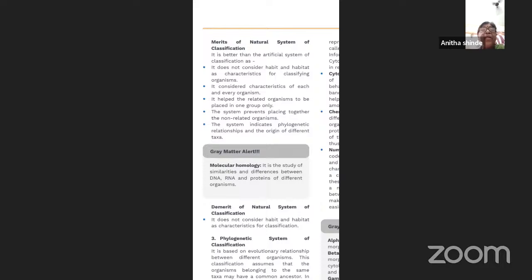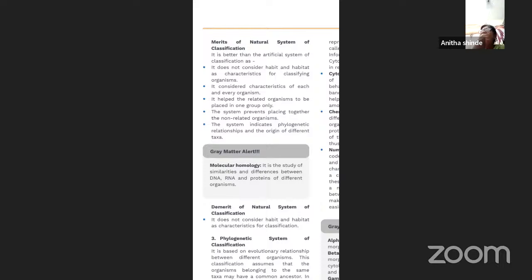It helped the related organisms to be placed in one group, and the system prevents placing together non-related organisms. It also indicated the phylogenetic relationships as well as the origin of different taxa. So that is why the natural system of classification has a lot of merits.